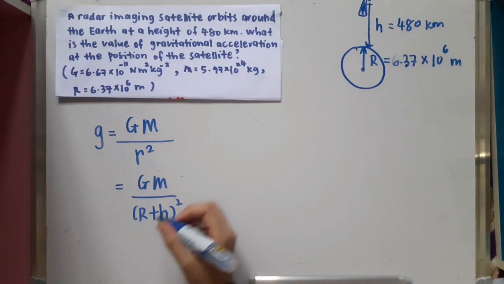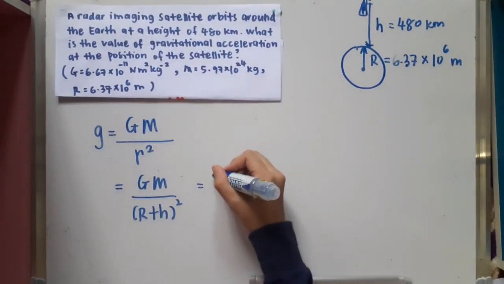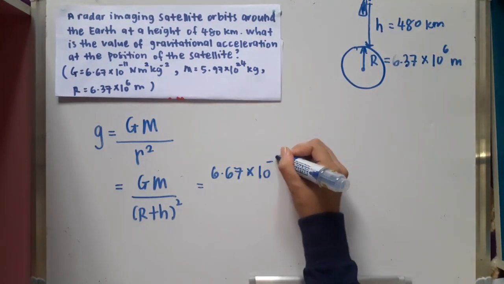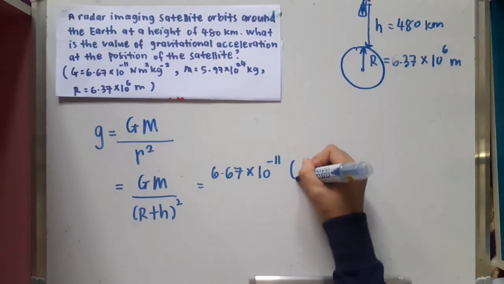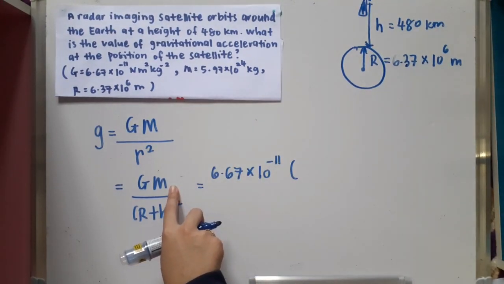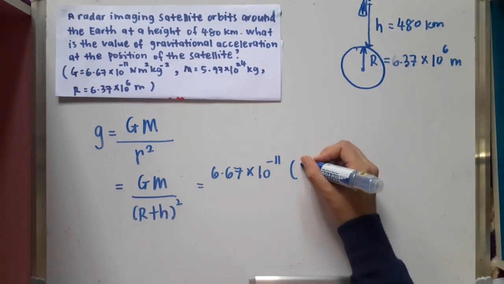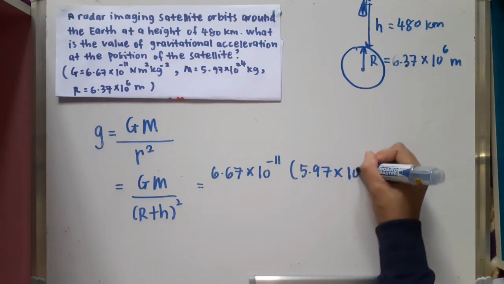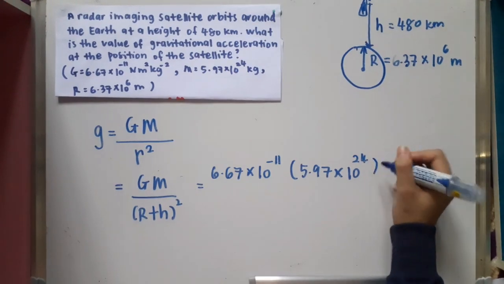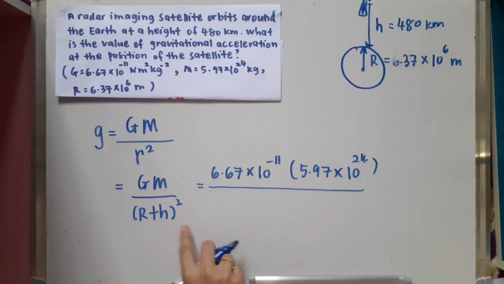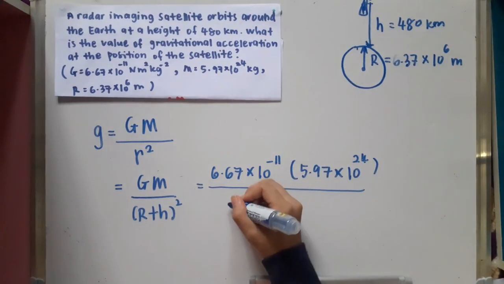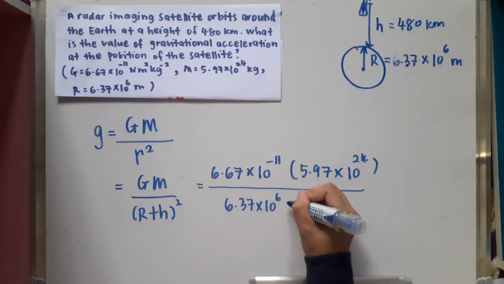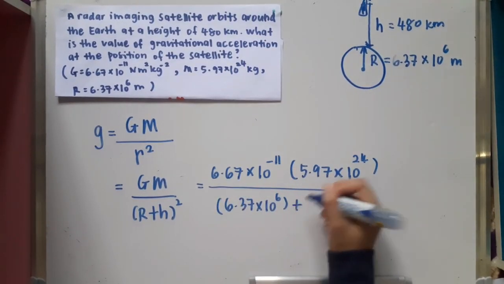Okay, so we know that G is 6.67 times 10 to the power of negative 11 times M, capital M is the mass of Earth, 5.97 times 10 to the power of 24, divided by (R plus H) square. R is 6.37 times 10 to the power of 6 plus H.